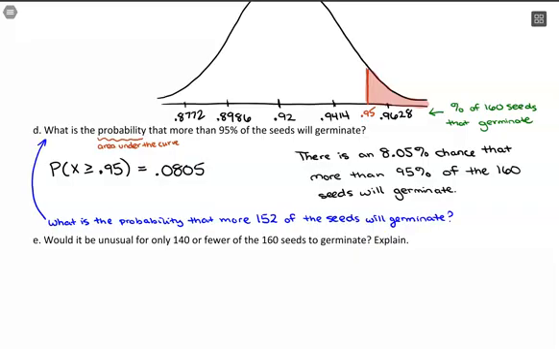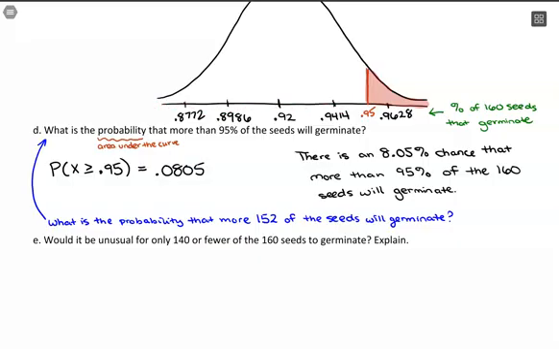That question that I just wrote out is exactly the same as that initial question. It's just a different form of units. In the question that I just wrote in blue there, it's asking in terms of a count, the number of seeds out of 160 that will germinate. And if I wrote it that way, it doesn't work with my bell-shaped curve up above, because plotting 152 on this number line doesn't work.